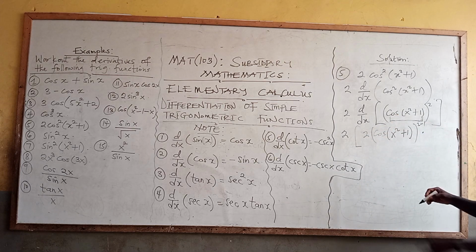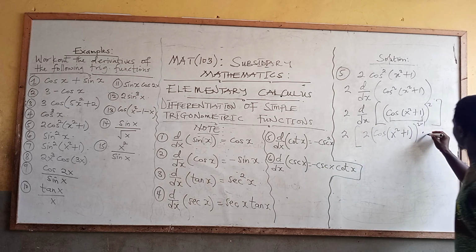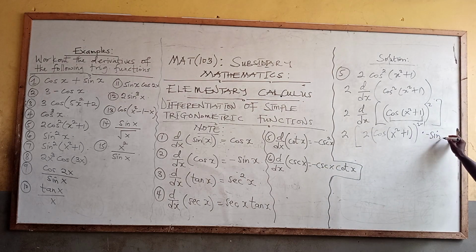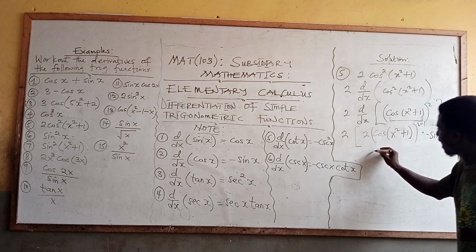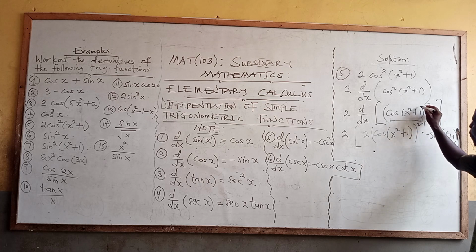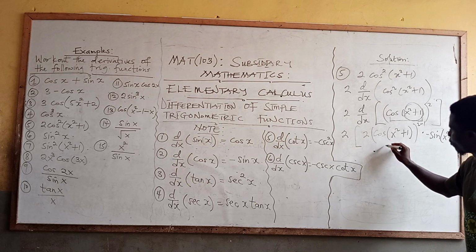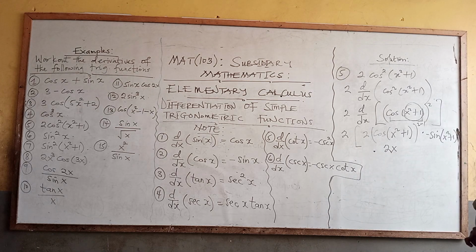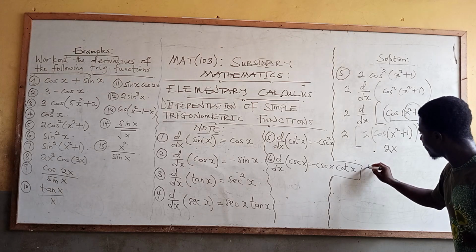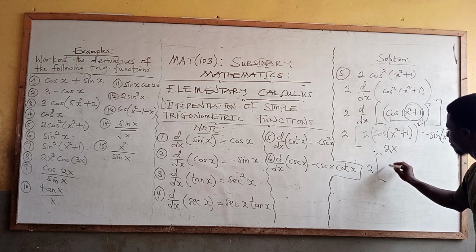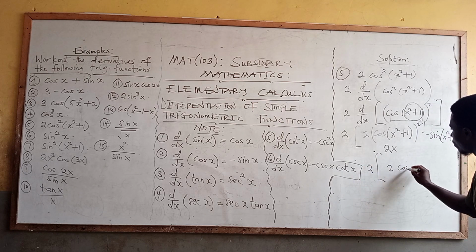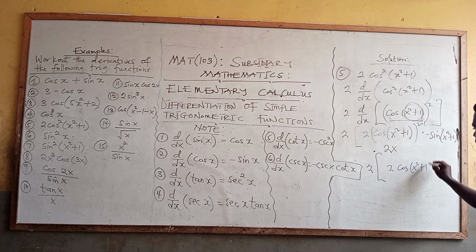When you differentiate that, you get what? Negative sine x squared plus 1. Then times the expression. You differentiate the expression inside the bracket. So we get 2x. So now I have my 2 times my 2 cos x squared plus 1.